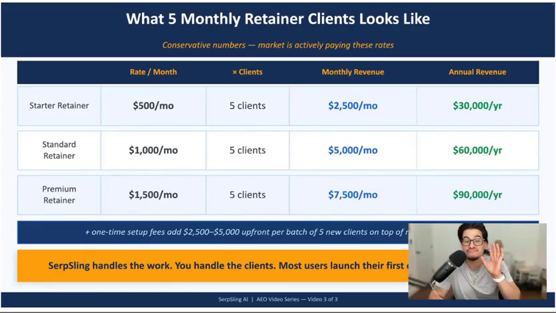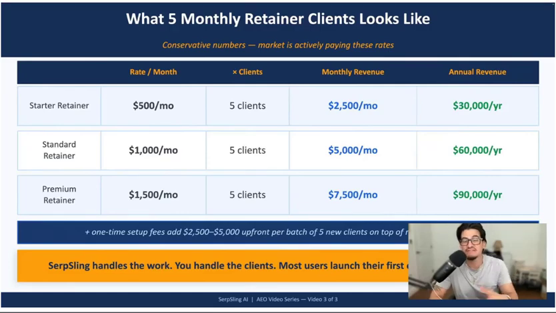For just 5 clients, that's more than or very close to the average salary of someone here in the States. And if you get some people on the premium retainer, that's $1,500 per month. Just 5 clients, that's $7,500 per month. That's $90,000 per year, just under a 6-figure income from just 5 clients.